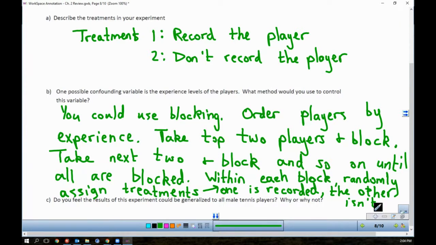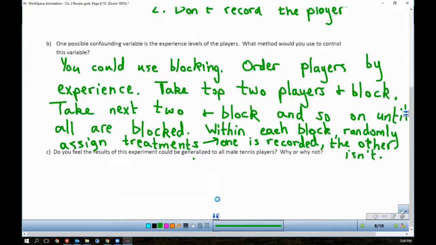Do you think the professionals care if you video them or not? No. They don't even really care about the crowd much. So, could we generalize this to all male tennis players? No.